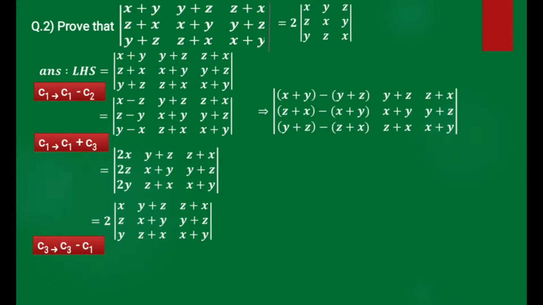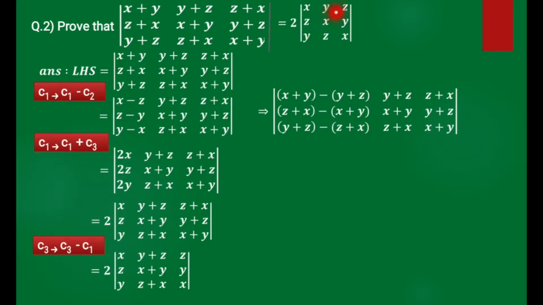So we write here for this operation z plus x minus x, so plus x minus x gets cancelled, we write z, y plus z minus z, so this plus z minus z cancels, so we get y. Then x plus y minus y, so plus y minus y gets cancelled, we get here x.